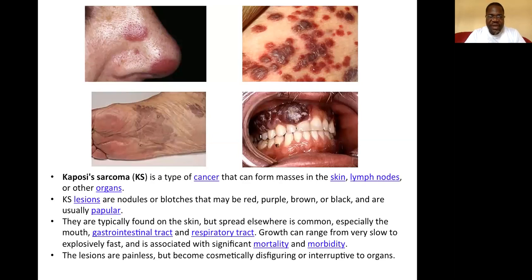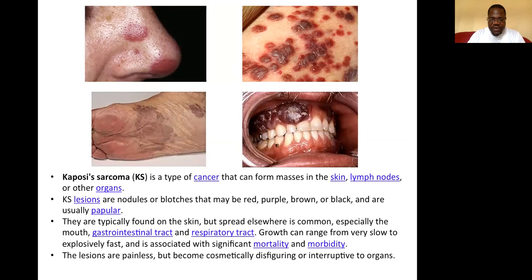Then we have Kaposi sarcoma that is associated with a virus called Kaposi sarcoma virus. It's also a type of virus that can form masses in the skin, in the lymph node, and other organs. You can see here in this patient those lesions are nodules or blotches that may be red, purple, brown, or black in color, and they are usually papular.